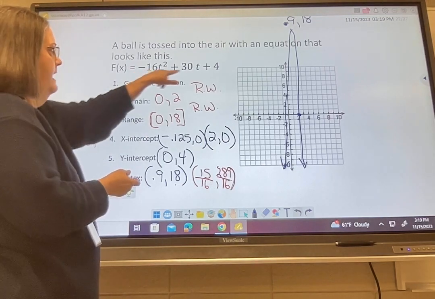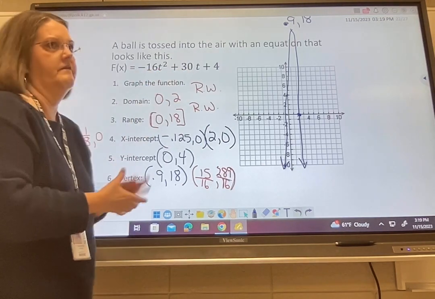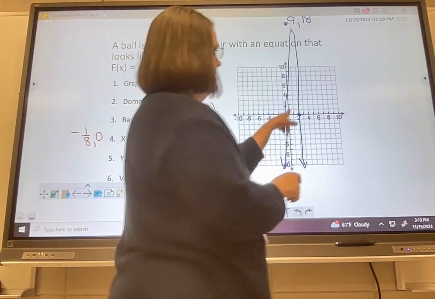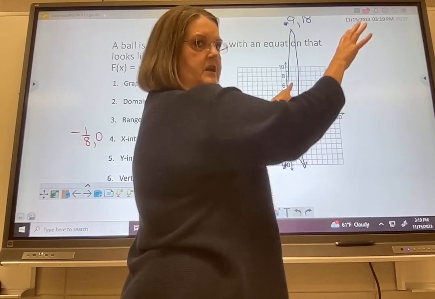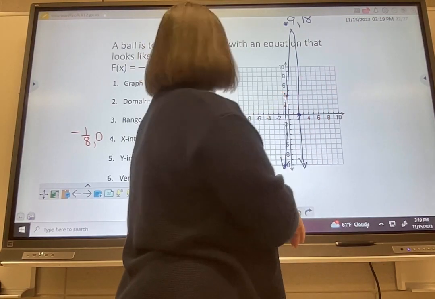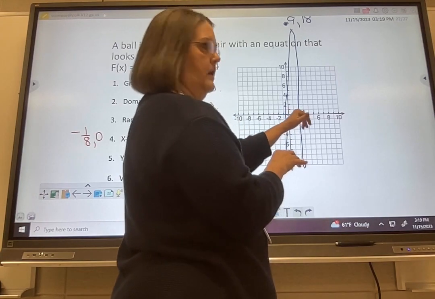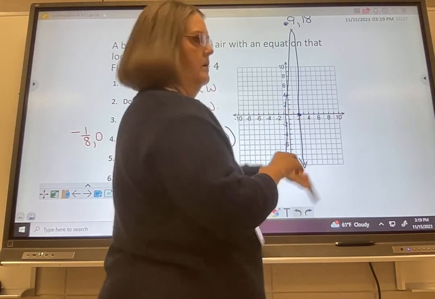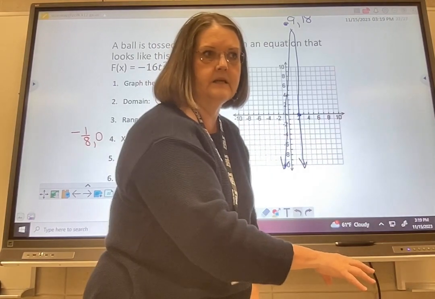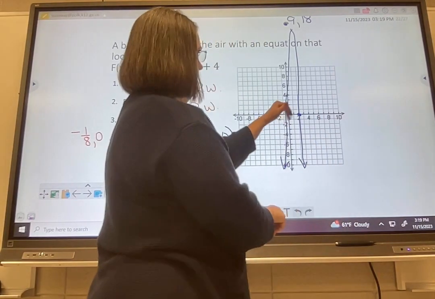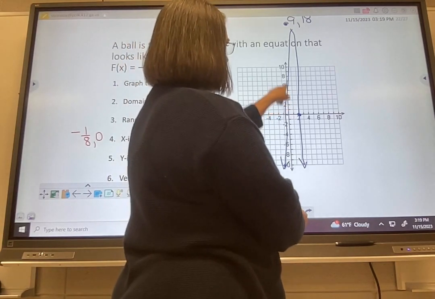This is the time, and f of x is the height of the ball when you toss it in the air. So really, in all honesty, the person tossing the ball is tossing it from 4 feet. That's what that means. So the domain is actually going from 0 to 2 when it hits the ground. When a ball hits the ground, it stops. It doesn't go down into the earth. So it's done. So the domain here is going from 0 to 2.